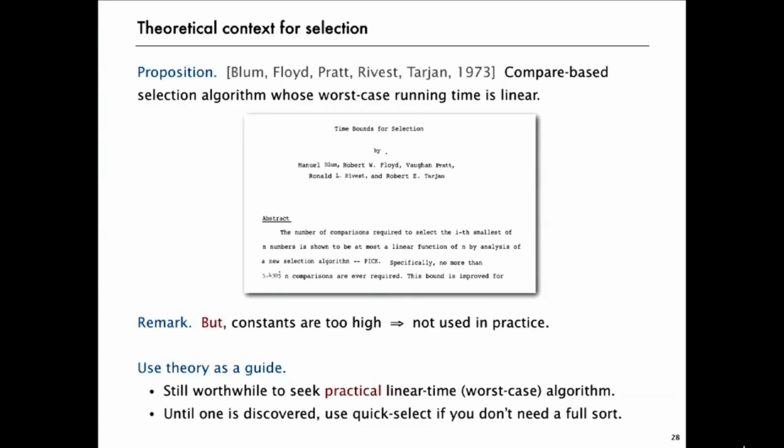It's still worthwhile to look for a practical linear time worst case algorithm. Maybe somebody in this class will invent that. But until something like that is discovered, use the QuickSelect based on QuickSort partitioning, and you can get linear time selection when you don't need a full sort. That's selection, a simple problem like sorting that is well solved with QuickSort partitioning.